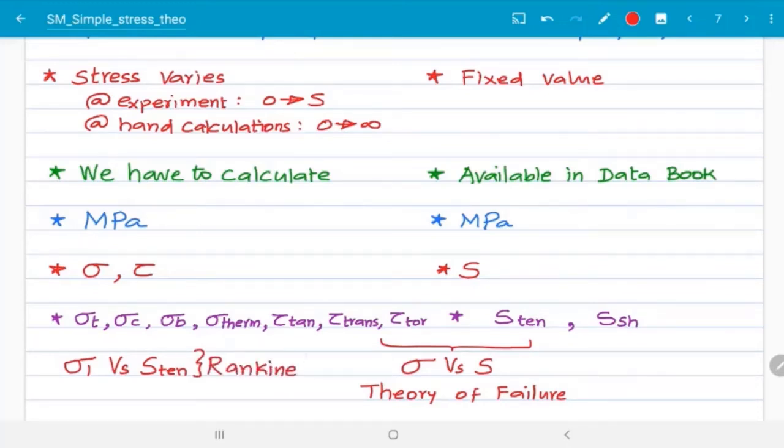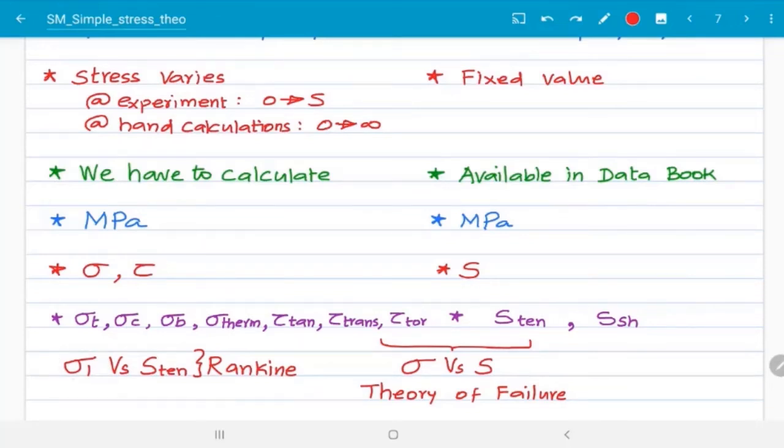That's all. Rankine theory of failure, or maximum principal stress theory, or maximum normal stress theory. 3 names: Rankine theory, maximum principal stress theory, maximum normal stress theory. Very simple, right? Now you are clear about theories of failure.